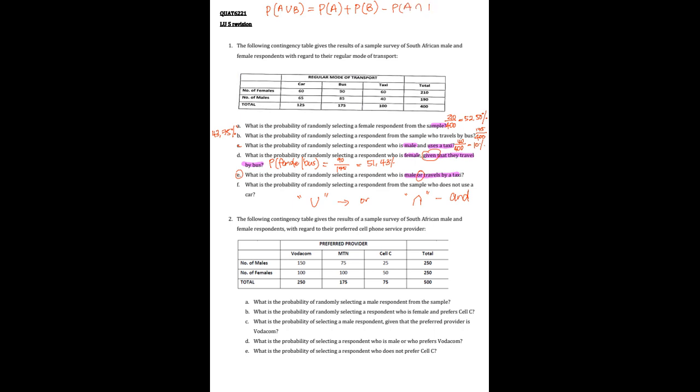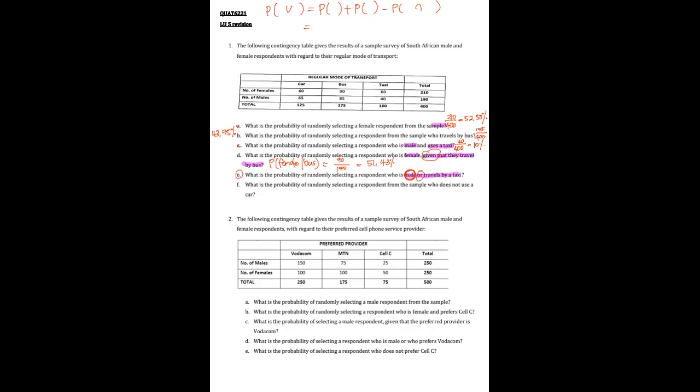So you'll see with this one, it actually can be done as one formula. You don't need to separate them, or you can separate them if you feel more comfortable doing so. What I'm going to do now is replace A and B in the formula with what this question specifically is asking for. It asks what is the probability of selecting a male, or a person who travels by taxi?